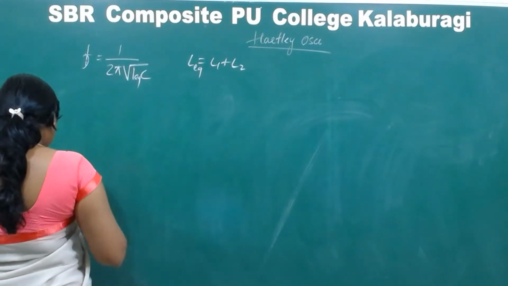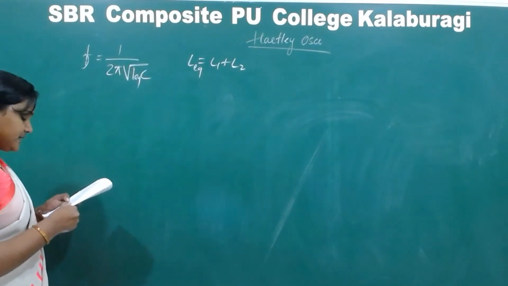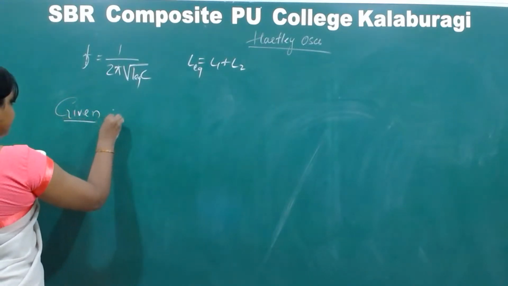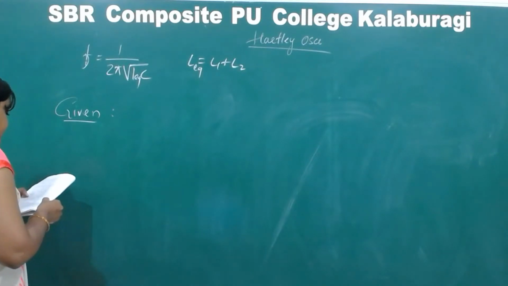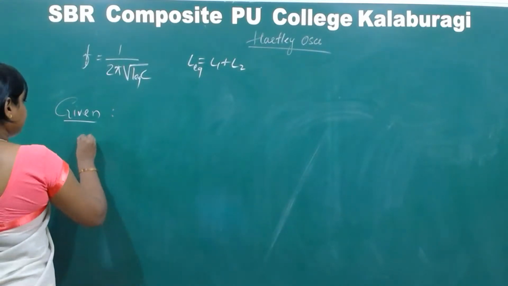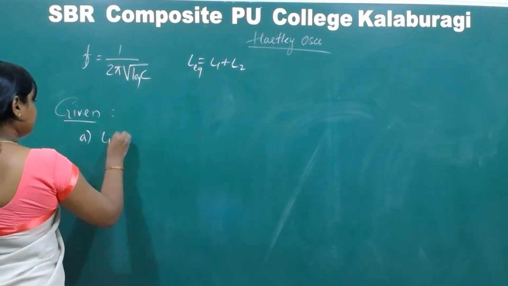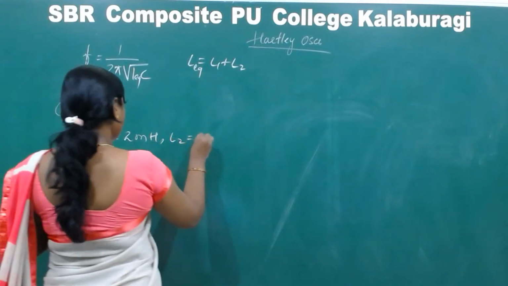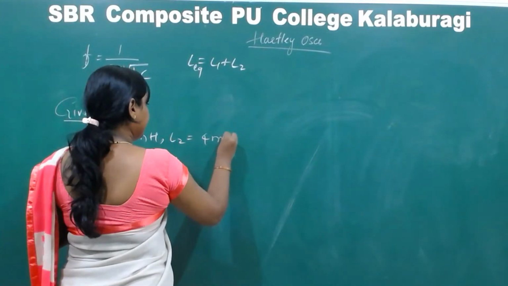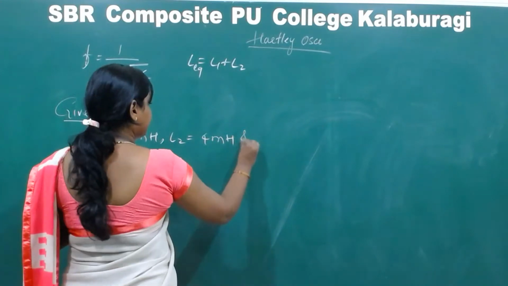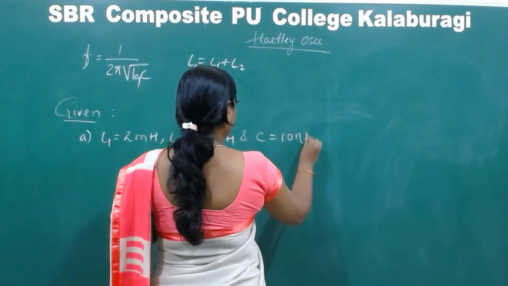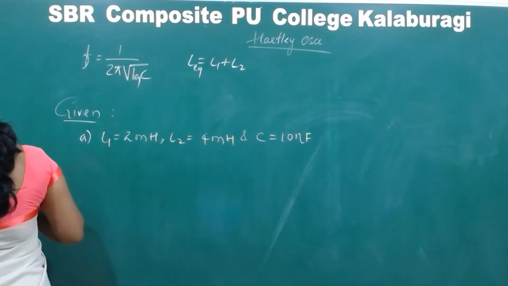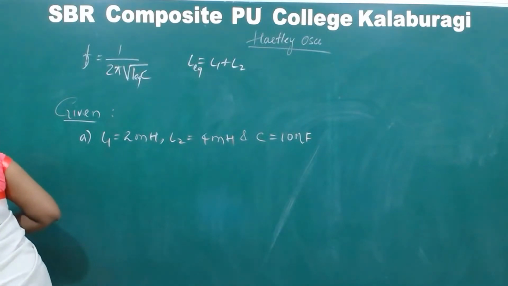The question given is: determine the frequency of oscillations of a Hartley oscillator. They are giving 2 bits, where L1 is equal to 2 millihenry, L2 is equal to 4 millihenry, and C is equal to 10 nanofarad. This is the first bit. We'll solve this one and then move to the second bit.